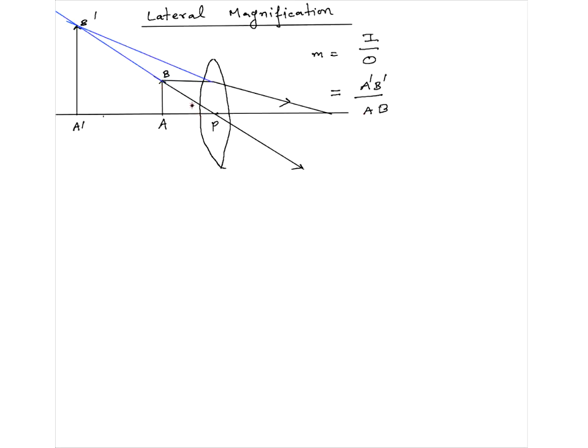Now this small triangle and that big triangle, they are both 90 degrees. Angles are same. So by angle similarity, they are similar triangles. So we have A dash B dash upon AB equal to A dash P upon AP.